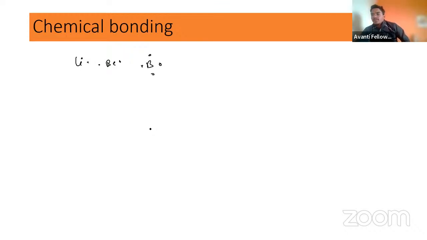I hope you understand what the octet rule is. Next, try to draw the Lewis dot structure for CO2. I hope it has been taught in your schools, but still we are teaching the Lewis dot structure for CO2, so then you will understand this very clearly.